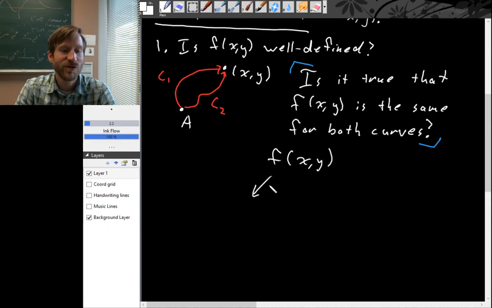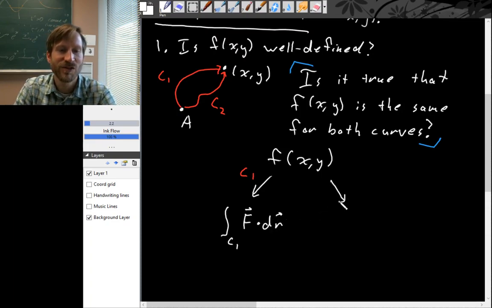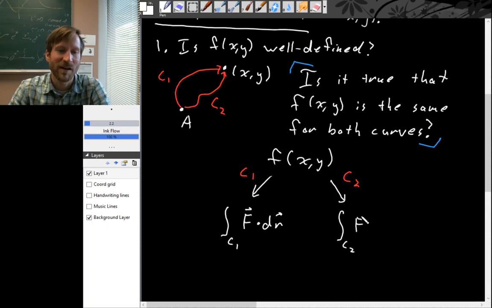So if you use the curve C1, then little f of x y is the line integral over C1 of capital F dot dr. And if you use the other curve, C2, to calculate little f of x y, what you get is the line integral over C2 of capital F dot dr. And we need to know, are these equal?